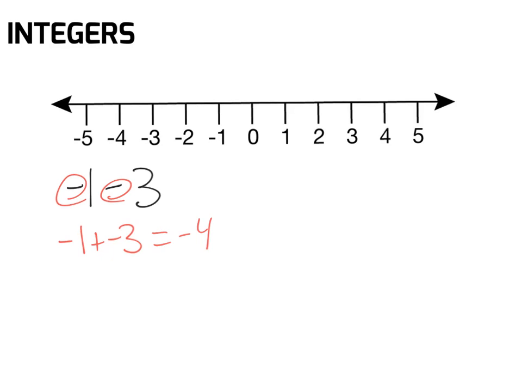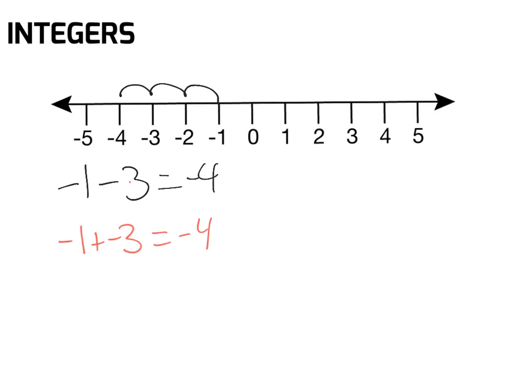I get -4. Or I could just write -1 minus 3 and start at -1 and go 3 minus is left and get -4. So you could do -1 minus 3 is -4, or I can flip that to an addition problem.